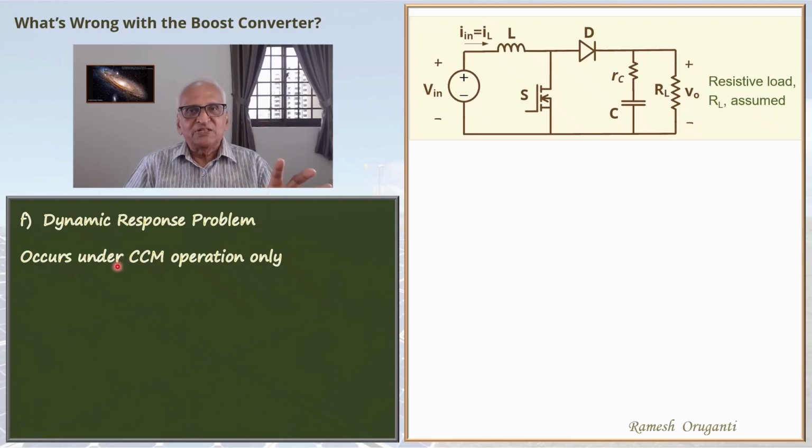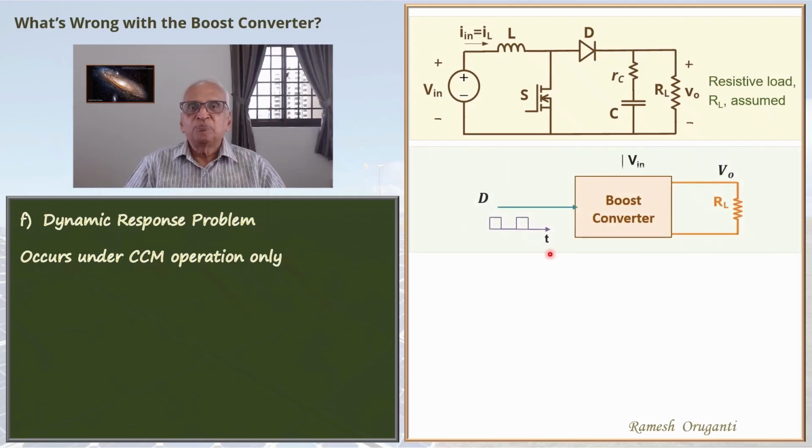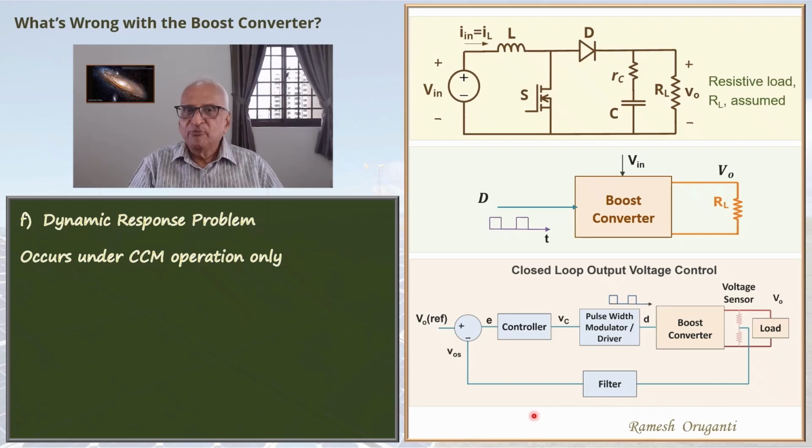In a boost converter, we are varying the duty cycle and the output voltage varies correspondingly. Let's say this boost converter is placed in a closed loop voltage control system. You have various blocks in this control system: the boost converter and the load, the pulse width modulator driver, and the filter to clean up the sensed voltage.